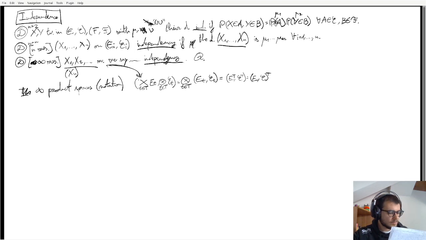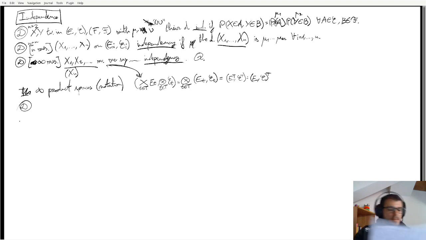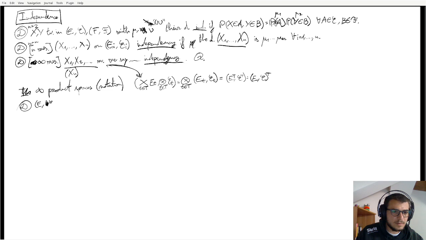So now let's define a stochastic process, which is one of the most important ideas we have to get acquainted with. So basically, consider this measurable space.